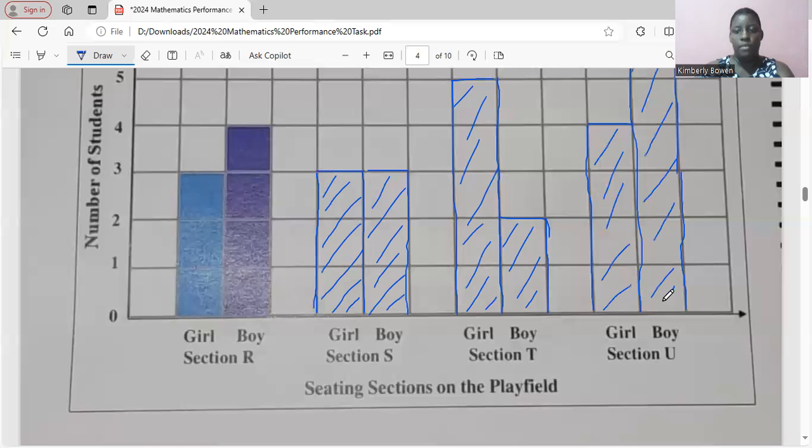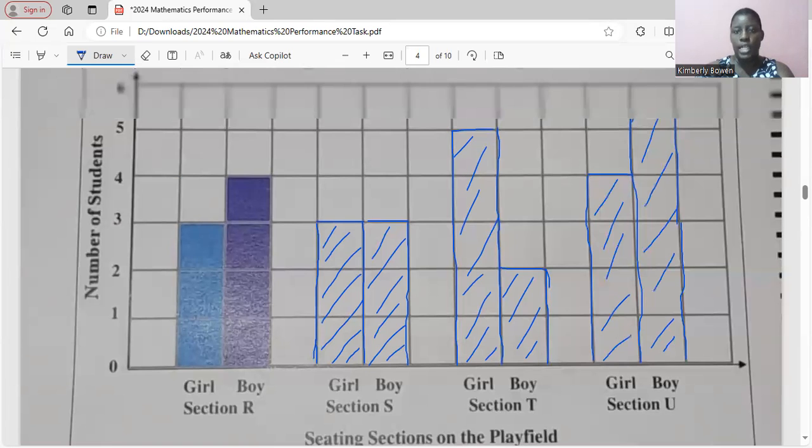So there you have it. We've completed the bar chart based on the tally table.